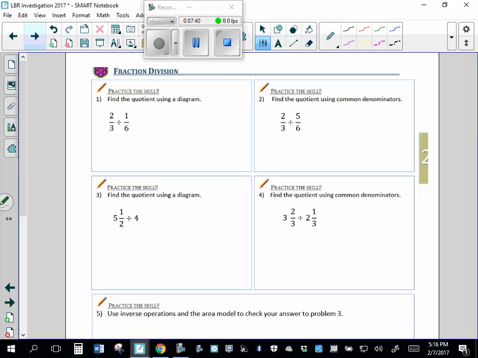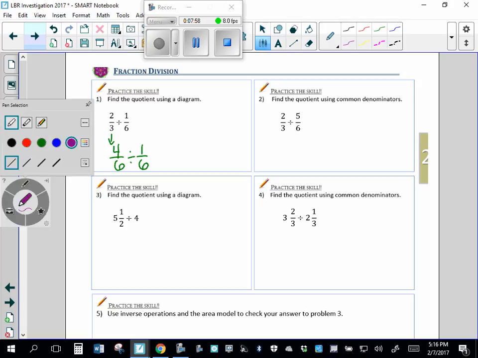Then we did some practice. So step 1, find a common denominator. Rewrite this as 4/6 divided by 1/6. Step 2, change any mixed numbers to improper. We don't have any. Step 3, divide your numerators.